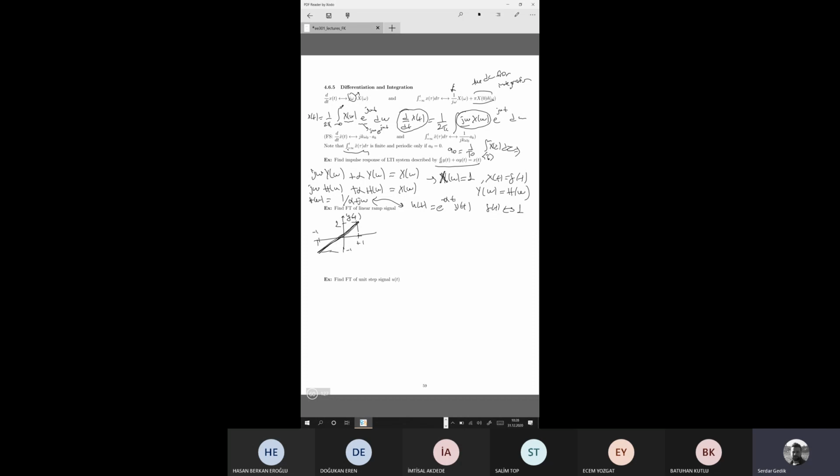So what is the Fourier transform of this one? Well, first I will define x of t as dy t by dt. So x of t is defined as the derivative of y of t. What is this? If I derive this ramp signal, the derivative is constant in the -1 to +1 interval, but there is a jump here, right?